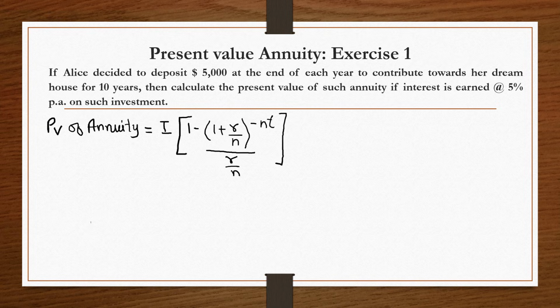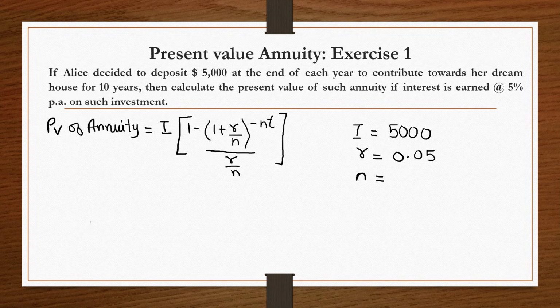Now we will write the values of whatever is given. What is my I? My I is 5,000. Alice decided to deposit 5,000. What is the R, the rate of interest she will be getting? It's 5%. 5 divided by 100, it will come to 0.05. What is my N?